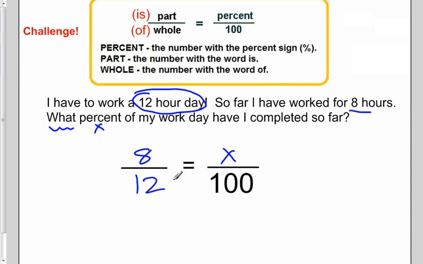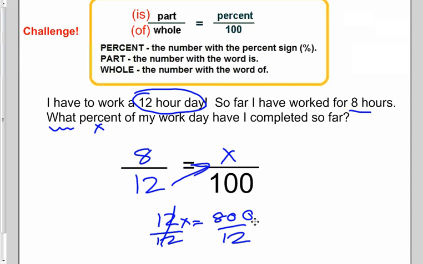Side to side, up and down doesn't work so hot here, so let's go ahead and do crisscross. 12x is equal to 800. We are going to divide by 12, divide by 12. So I will use my calculator to do 800 divided by 12, and that is equal to 66.6 repeating.